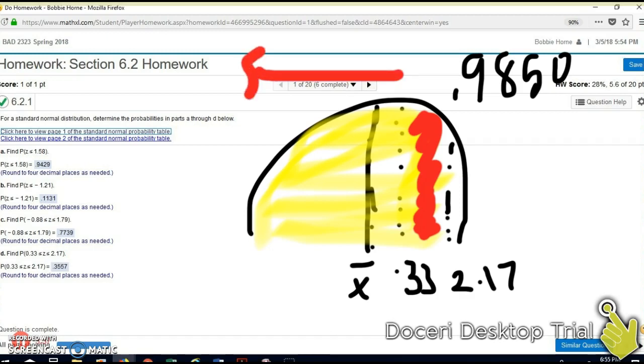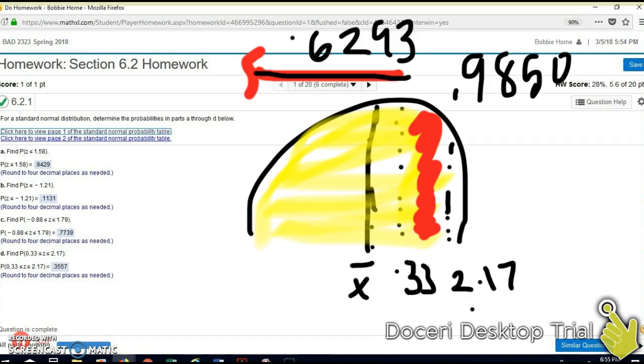So if I look up 0.33 in my table, whatever I get is going to be the probability from 0.33 back. Okay? So if I look that up on my table, it looks like it will be 0.6293. So 0.6293 is this area from here on back.